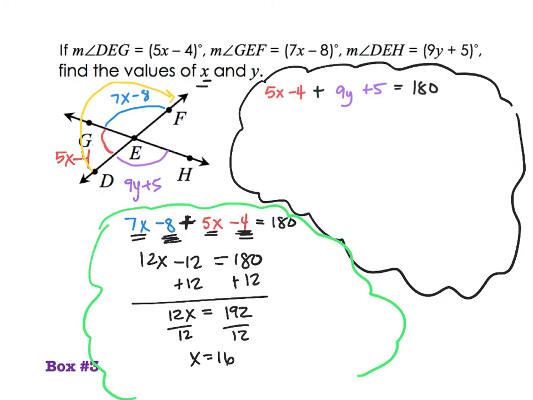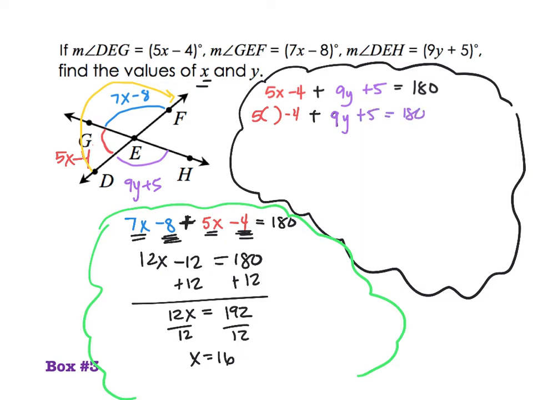Now, the second part, or the one in the black bubble, I have an x and a y. But guess what? Now I know the x value, so I can just substitute that in there. So I have 5 times x minus 4 plus 9y plus 5 equals 180.